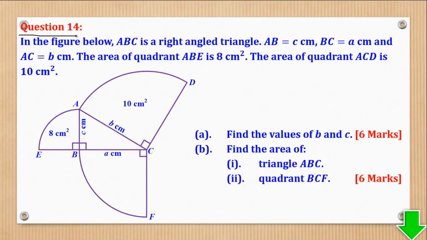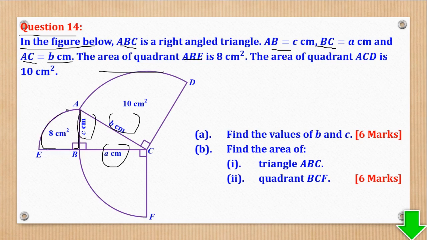Then question 14 says, in the figure below, ABC is a right-angled triangle. AB is C centimeters, BC is A centimeters, and AC is B centimeters. So BC is that, AB is C. The area of quadrant ABE is 8 centimeters squared.